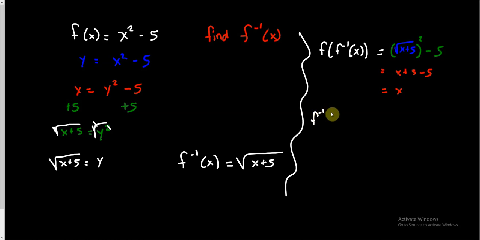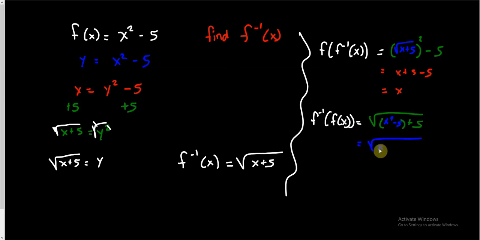f inverse of f of x. And so if I take f inverse, it's the square root of blank plus 5. And we will plug in what f is: x squared minus 5. The parentheses are not really needed.